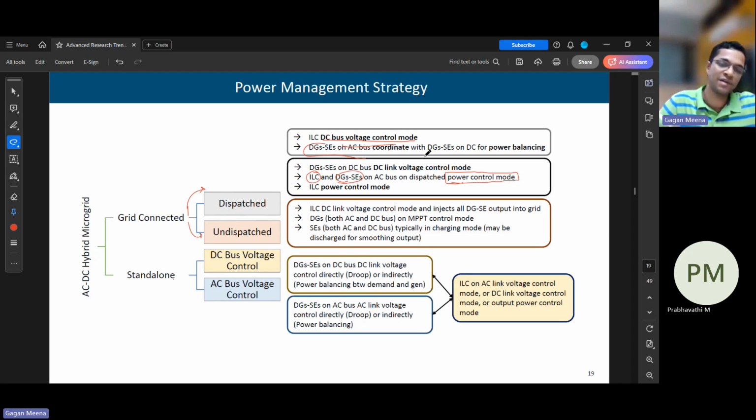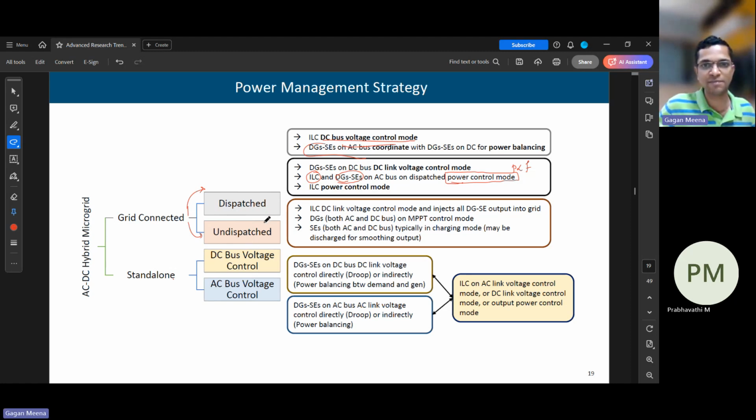They will inject a particular amount of power. Because power is related to frequency, if they inject a particular amount of power, the frequency will also be taken care of. Okay, so this is dispatched.